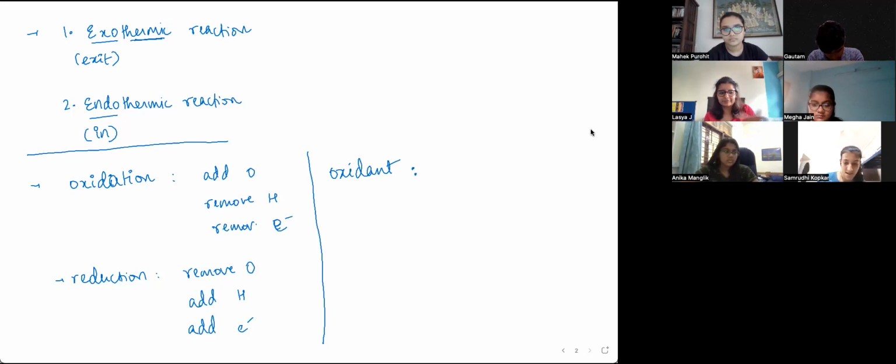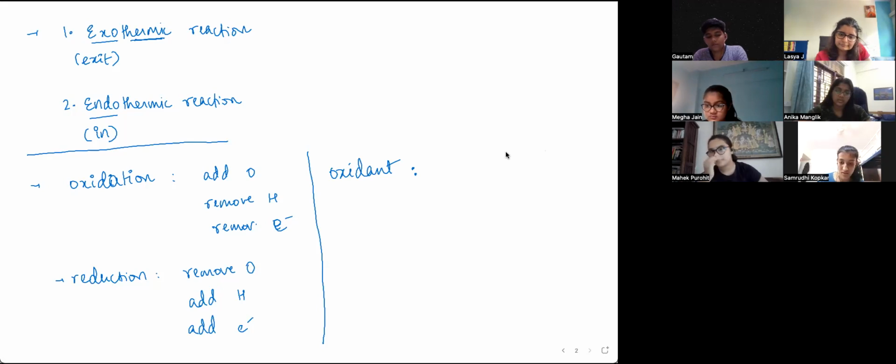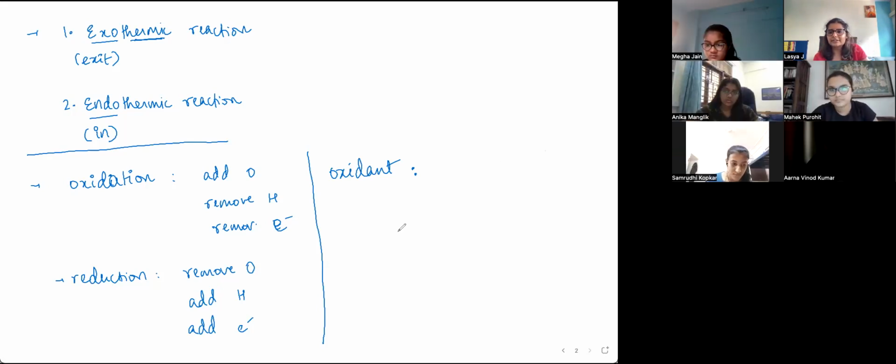Okay, take a minute, figure out how to phrase it. Ma'am, a substance that oxidizes the compound. Yeah, a substance that enables oxidation or oxidizes another substance, that is an oxidant.